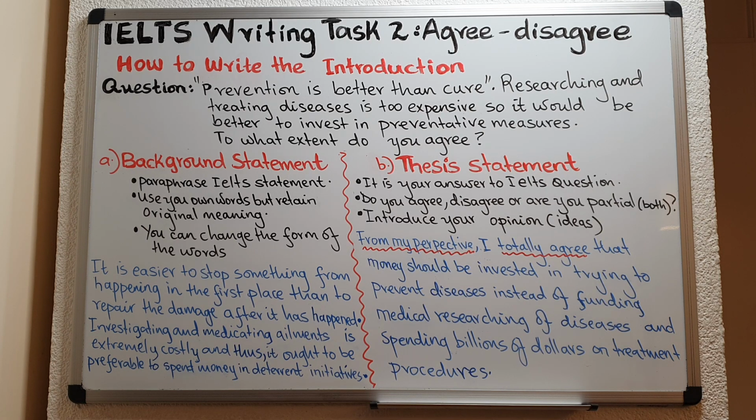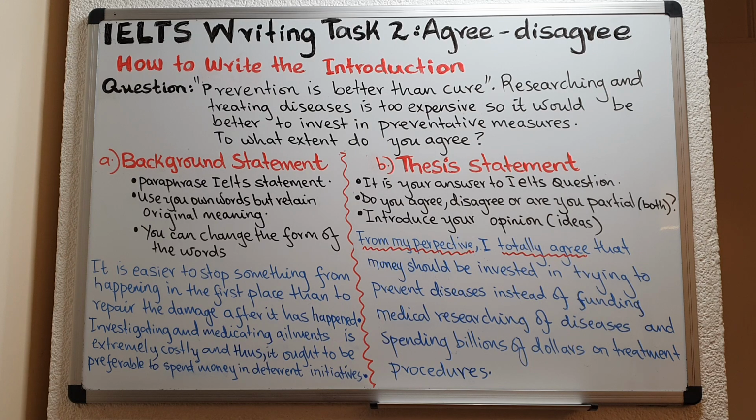You want to make it as easy as possible for yourself. So why don't you just agree 100% or disagree 100%? But if you still want to, you can agree and disagree with a statement. That is also an option.